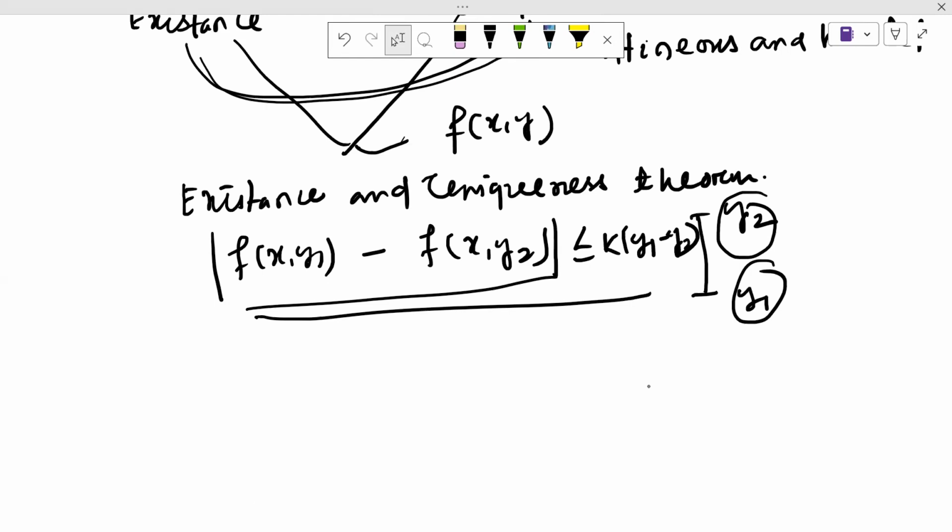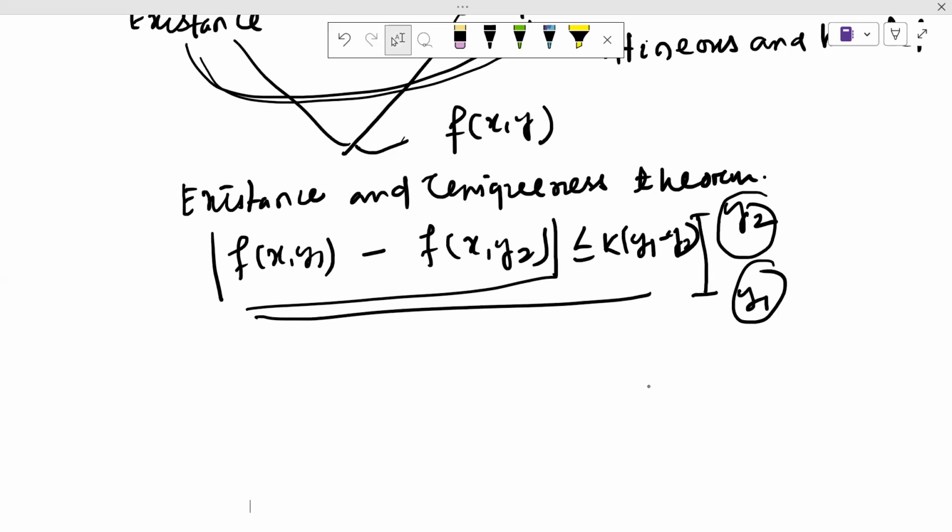And for two different points of y, this condition must be satisfied: modulus of f(x, y1) minus f(x, y2) is less than or equal to k times modulus of y1 minus y2. If both conditions are satisfied, then that is called the existence and uniqueness theorem.